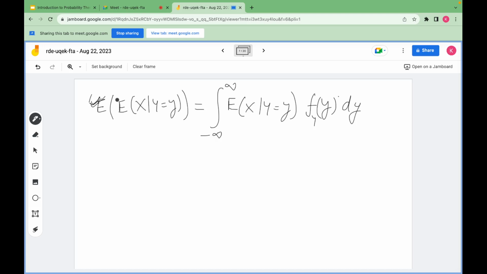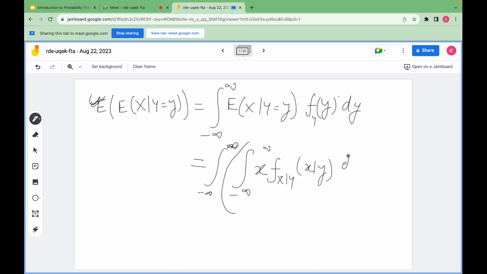Now we will open this inner expectation. The conditional expectation is the integral of x times f_{X|Y} dx, and then f_Y dy.